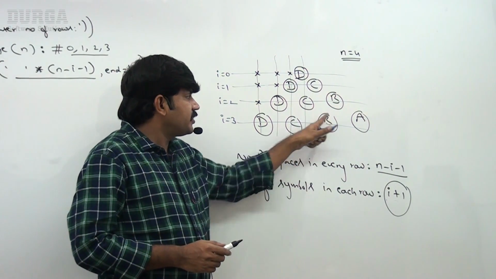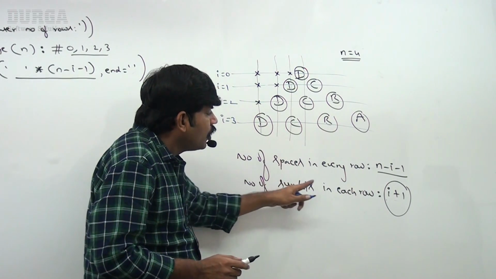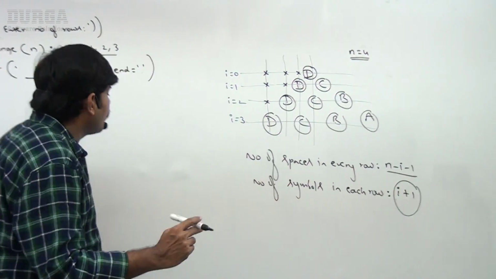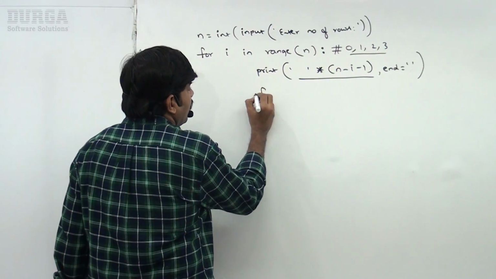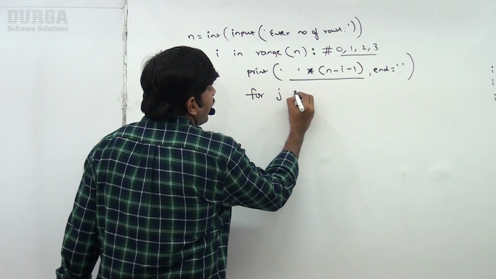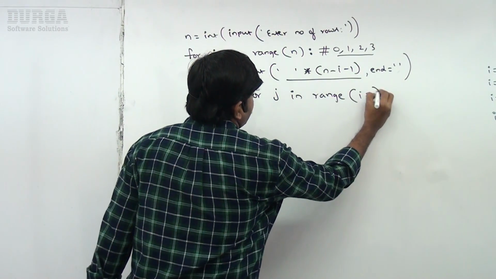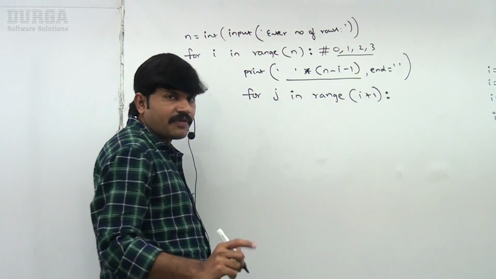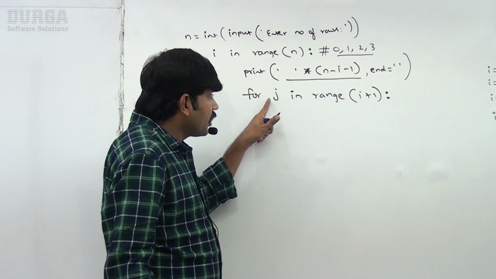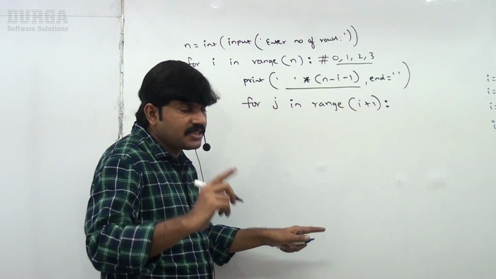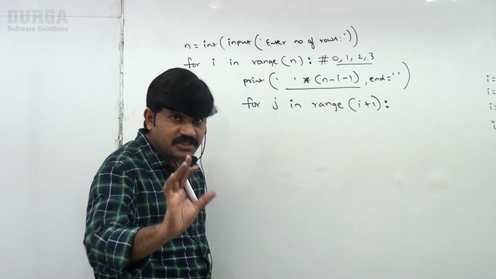Now how many symbols do you require? i plus 1 number of symbols. So for j in range of i plus 1, repeat this loop i plus 1 number of times. Every time 1 symbol will be generated, so i plus 1 symbols will be generated.